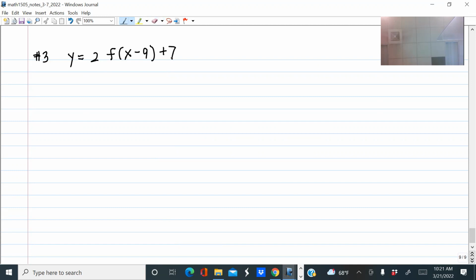Okay, was it plus 9 also? Oh, plus 9 minus 7. So I got it backwards there. Well, of course, that makes a big difference, because changing these signs is going to completely change the transformation.